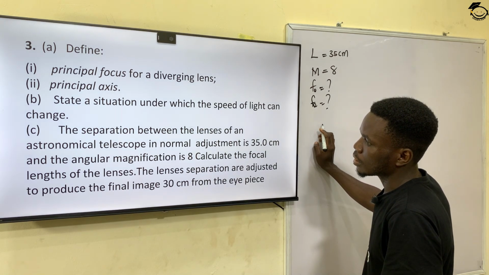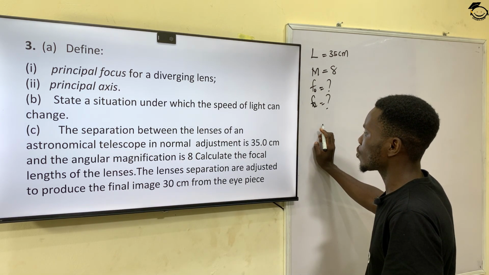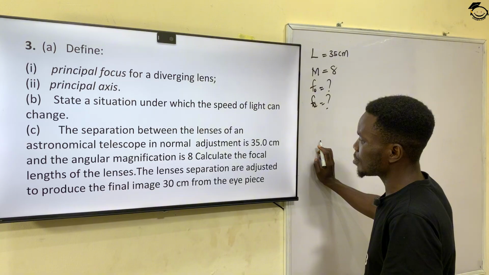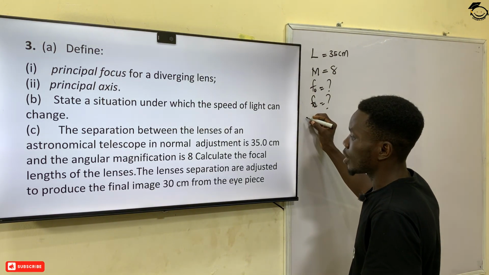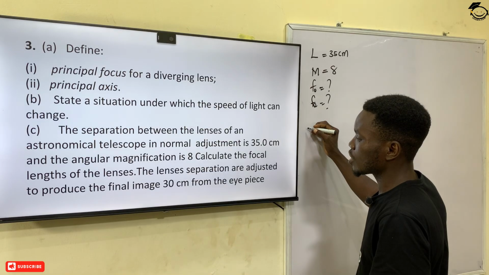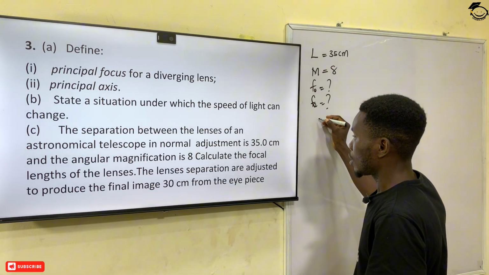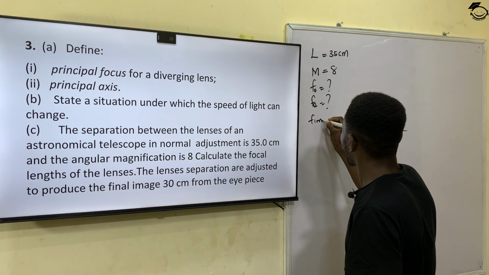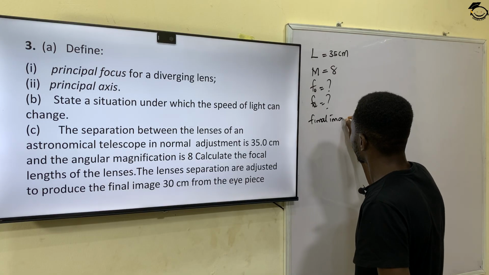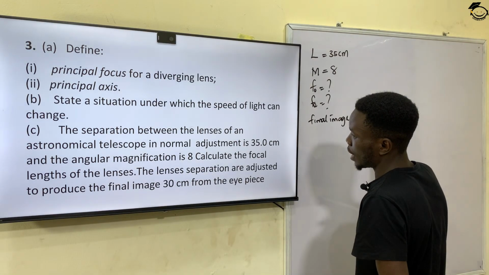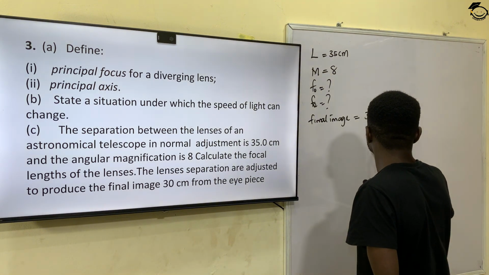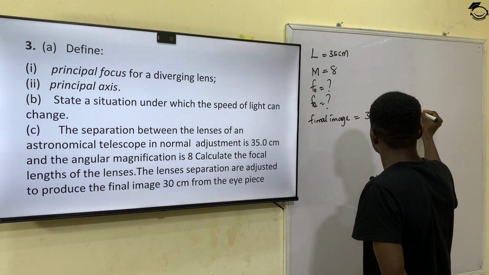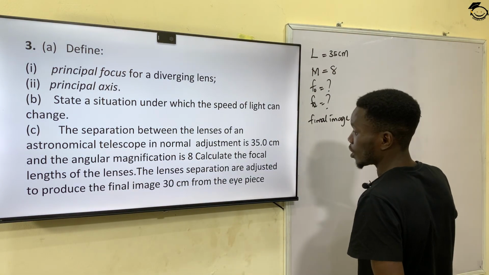Then the next part of the question says the lenses' separation is adjusted to produce the final image 30 centimeters from the eyepiece. So we have our final image at 30 centimeters from the eyepiece.